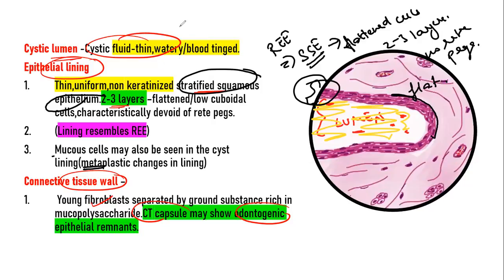And when you go on to the connective tissue, you see your fibroblasts, you see your collagen fibers, and sometimes odontogenic epithelial remnants. So these are called odontogenic islands. So again, your lumen has cystic fluid.